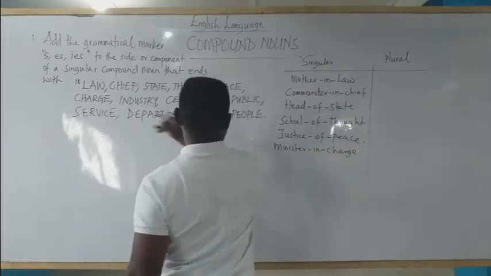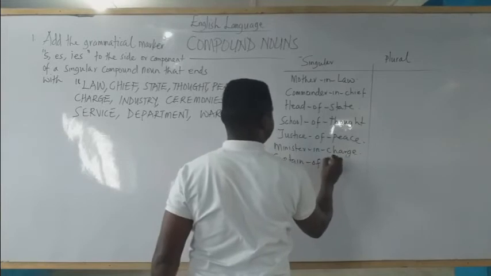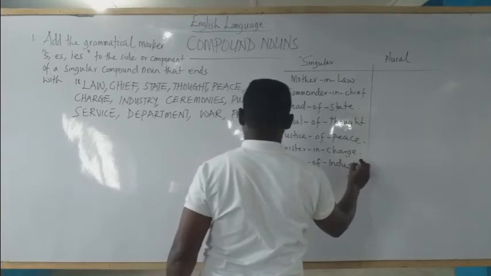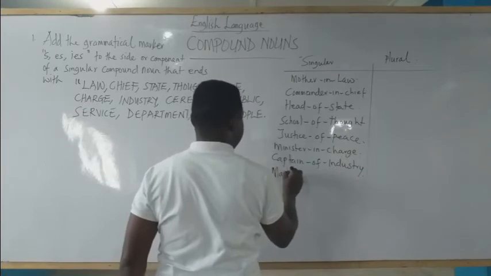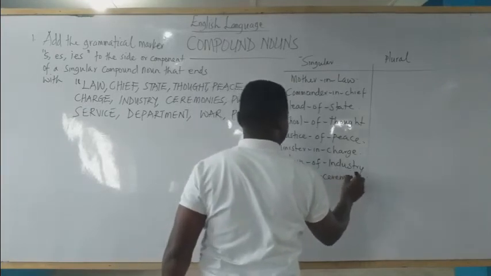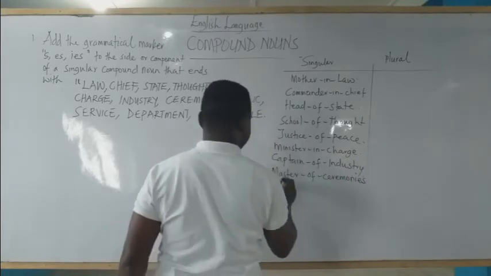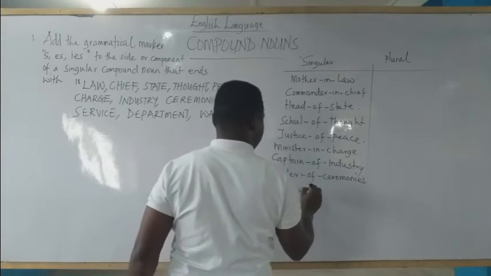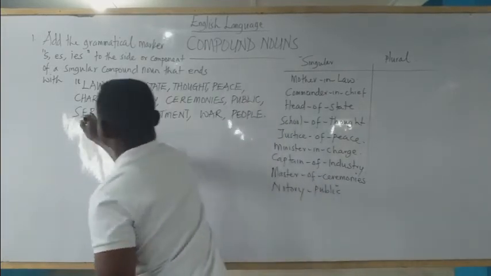We have industry. Example, captain of industry. We have ceremony. Example, master of ceremonies. We have public. Example is notary public. We also have the arms.